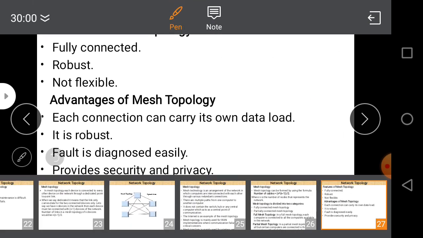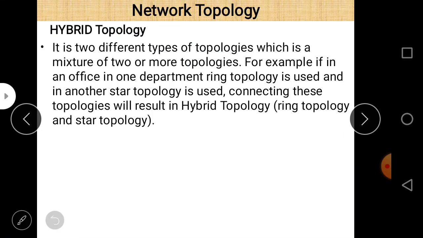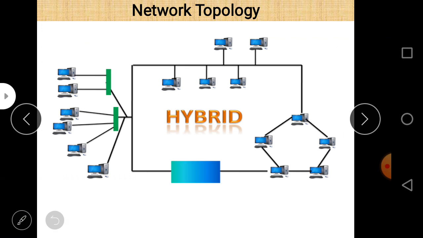And hybrid topology is basically a combination of two or more topologies, for example, ring and star topology. This is a diagram of hybrid topology in which we can easily see that it is a combination of bus, ring, and tree topology. So I think now all types of topology are very clear to all of you.